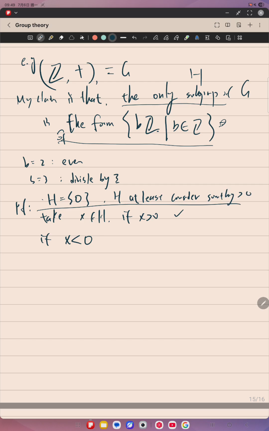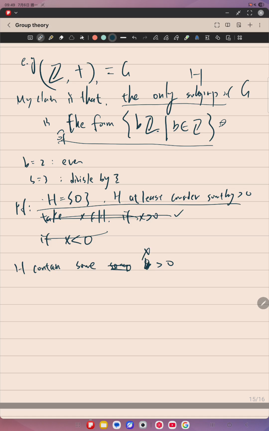If it's less than 0, then I can use the inverse, so there must be some number greater than 0. So H contains some positive integer.